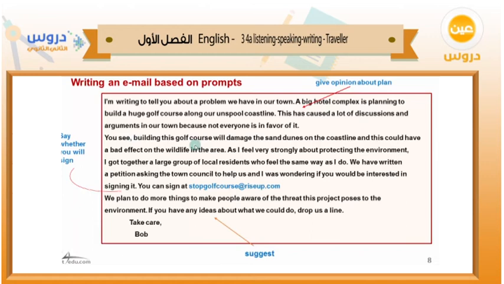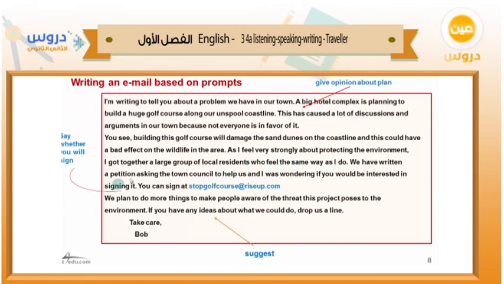You see, building this golf course will damage the sand dunes and the coastline, and this could have a bad effect on the wildlife in the area. As I feel very strongly about protecting the environment, I got together a large group of local residents who feel the same way as I do.